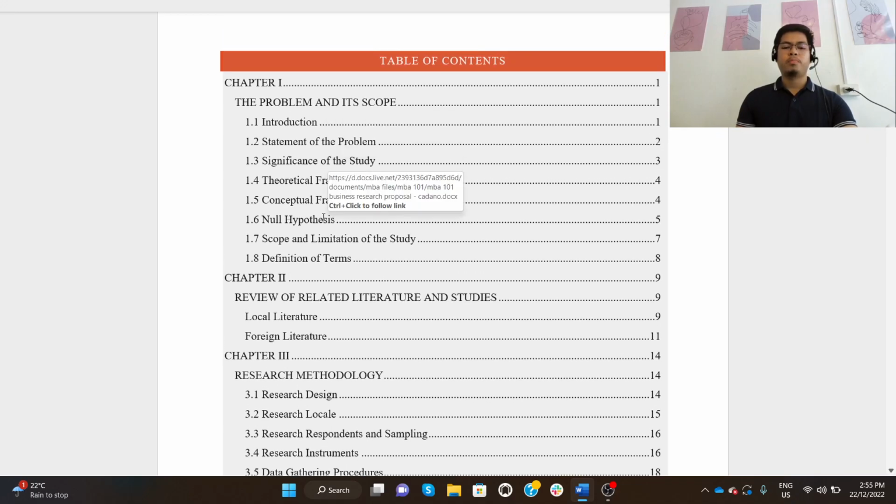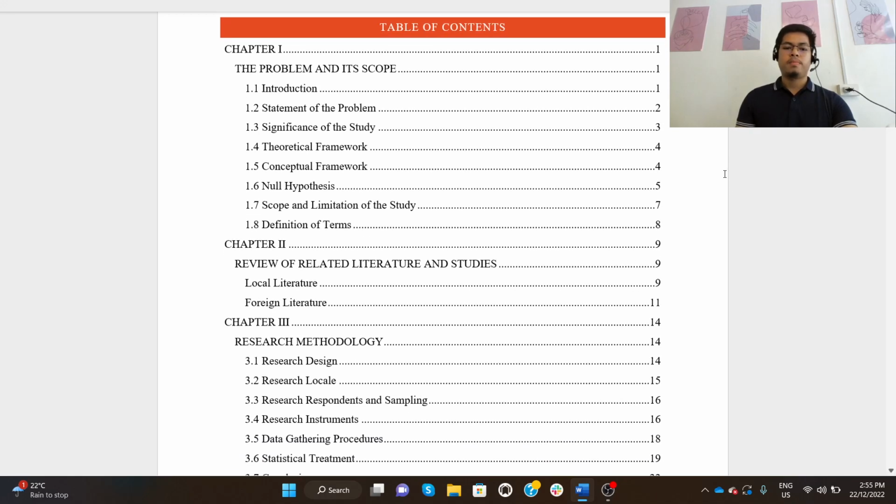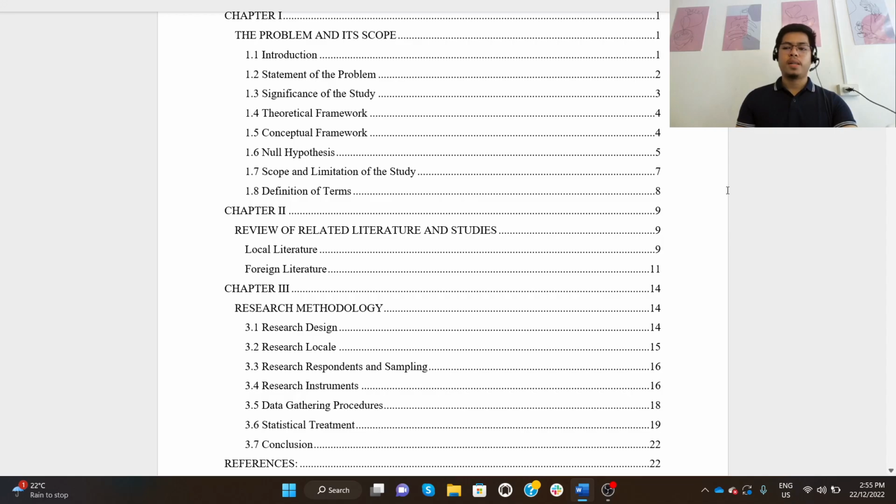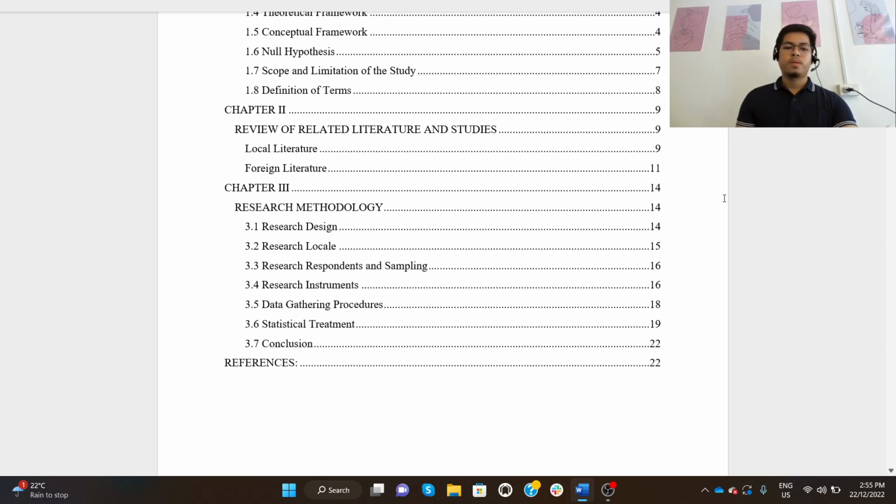So under the problem and its scope, we have the introduction, the statement of the problem, the significance of the study, theoretical framework, conceptual framework, null hypothesis, scope and limitation of the study, and definition of terms. For the second chapter, we have the local and foreign literature, or all about the related studies regarding your research proposal.